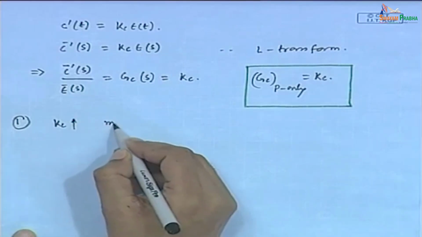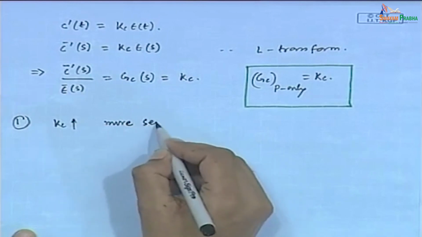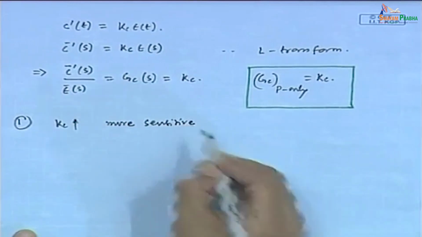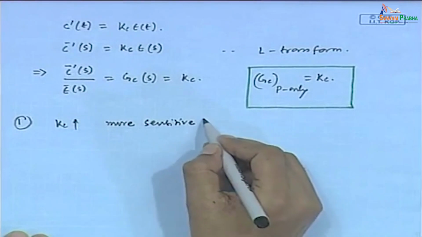With the increase of Kc, the controller becomes more sensitive to error, epsilon. If we increase the Kc value, the controller becomes more sensitive to epsilon.